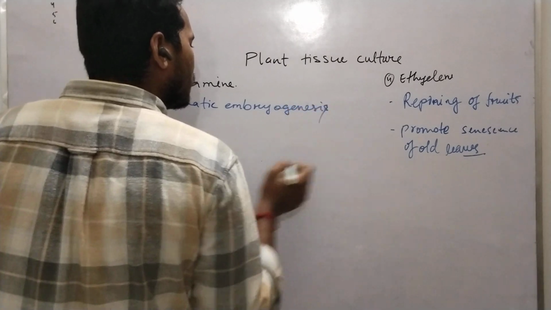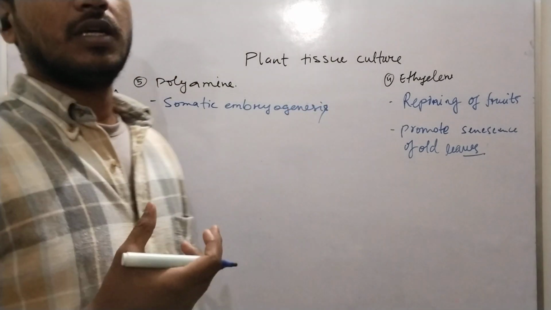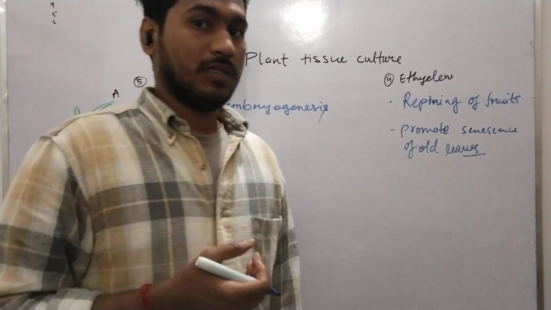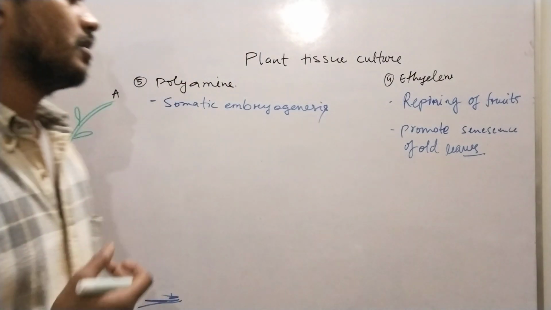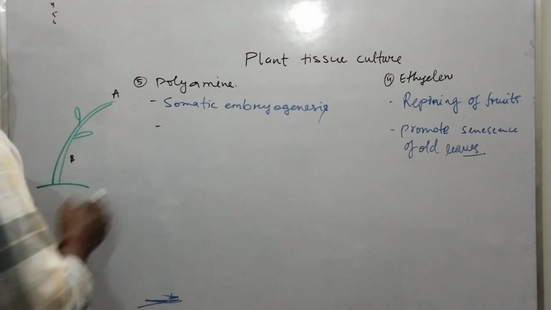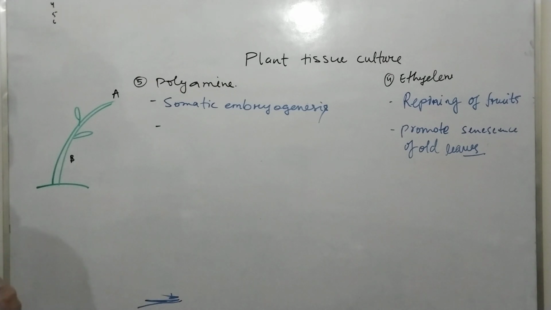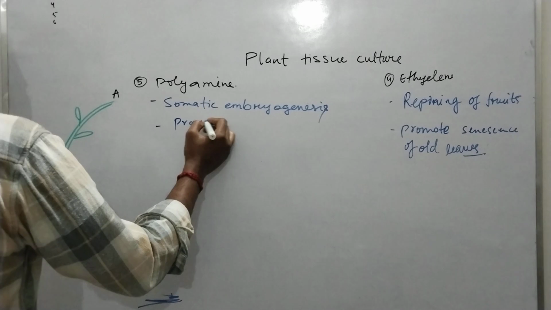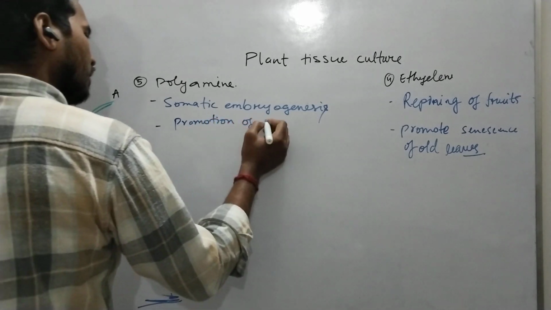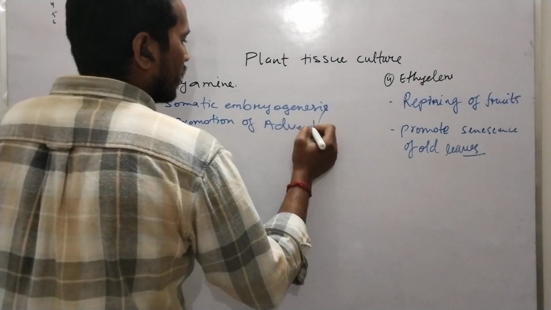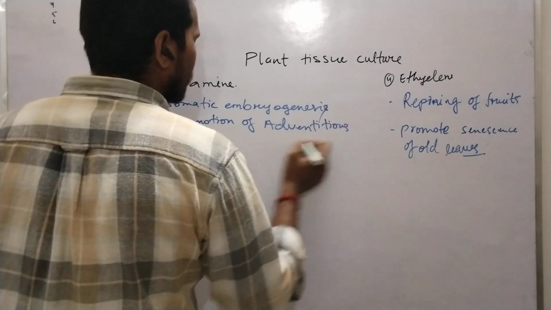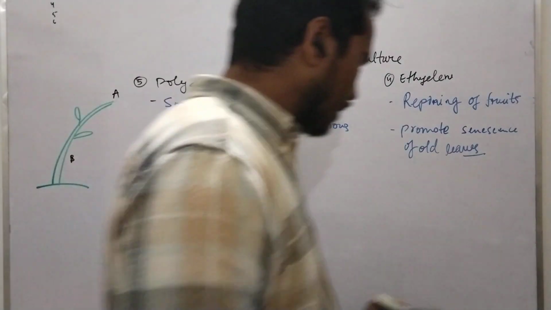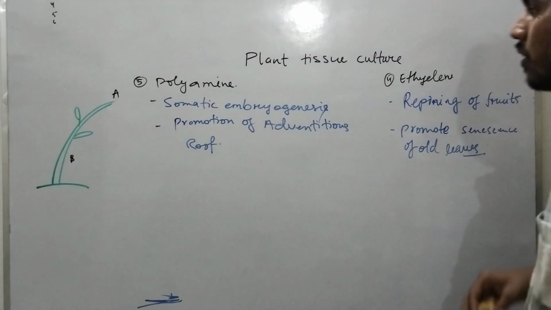Taking any somatic cells other than the reproductive cells and forming an embryo from those cells is called somatic embryogenesis. And it will help in promotion of adventitious root.